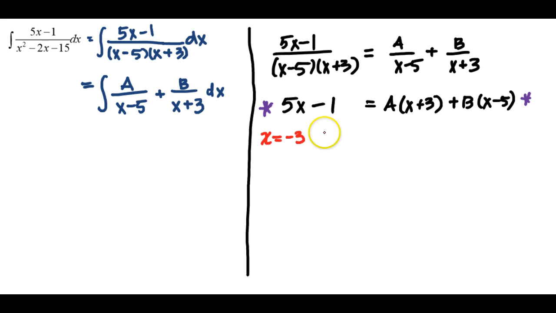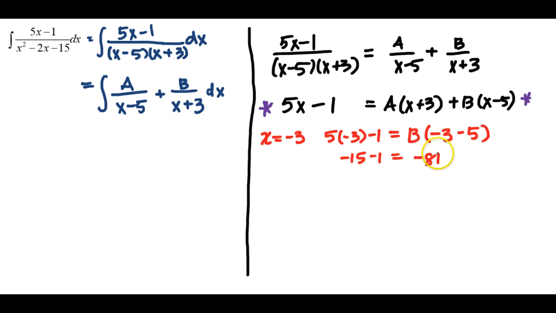So on the left-hand side, I'm going to have 5 times -3 minus 1 equals, now this is 0, so I'm just not going to write it. -3 plus 3 is 0, times A is 0, and I am going to have my B stick around and become B times (-3 - 5). Over here this is going to be -15 - 1, and over here this is going to be -8B. So I have -16 equals -8B. So B is now 2.